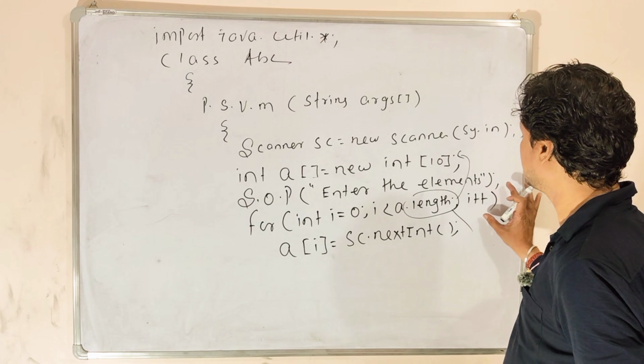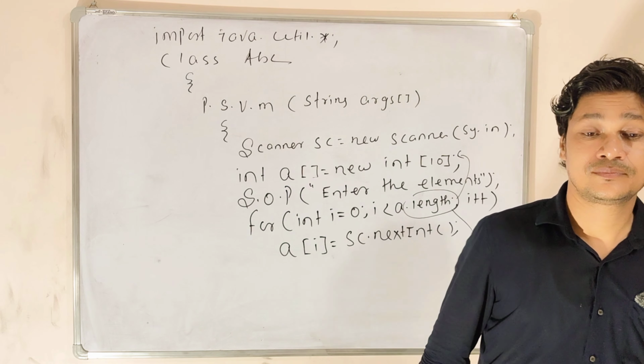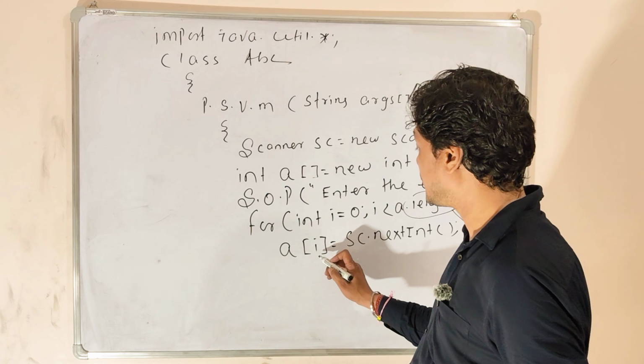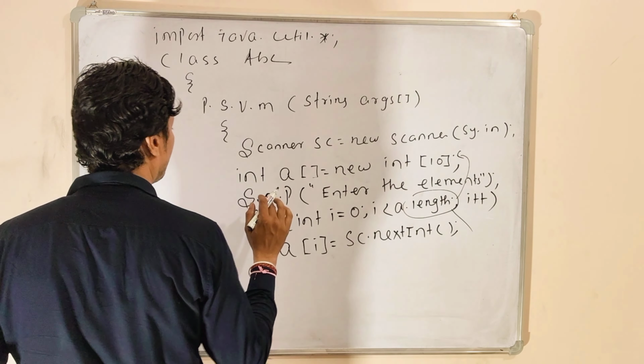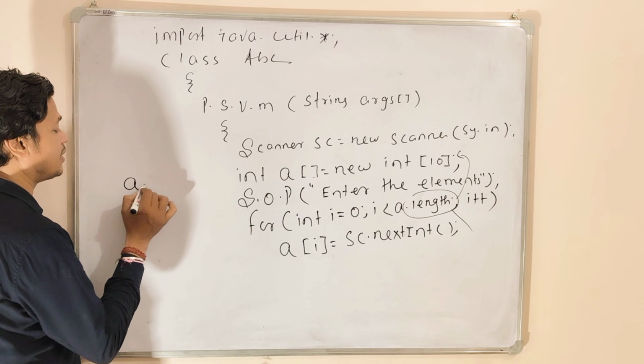Once this loop is completed, all the compartments or all the boxes of the array will definitely be filled with the values, isn't it? Yes, sir. Sir, does that mean i is the index of the array? Yes, i defines the index of the array. Suppose A is the array. What would be the index of this array?